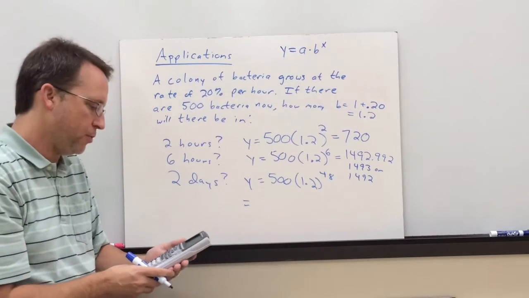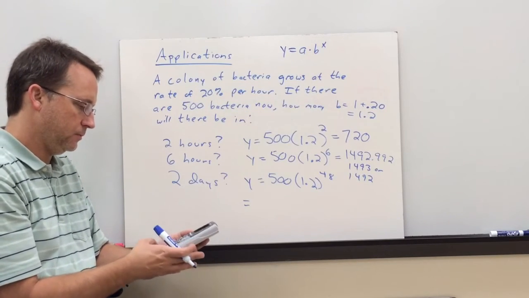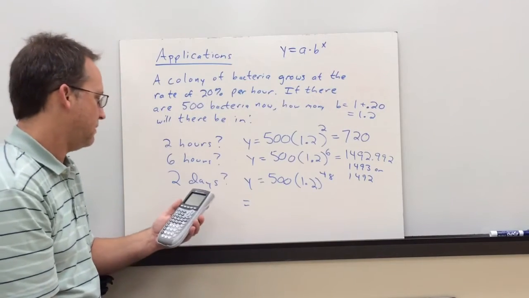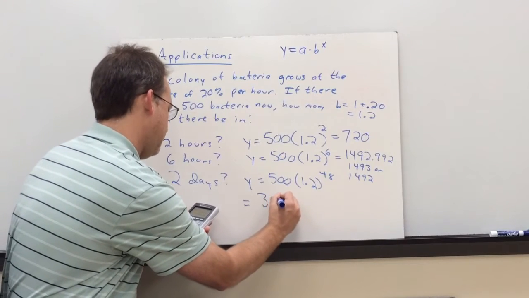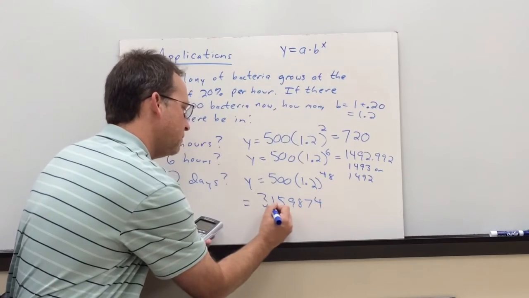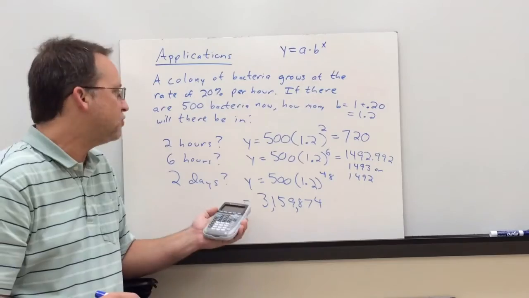Check out what happens when you put that in the calculator. I get a giant number. I've got, if I did this correctly, 3, 1, 5, 9, 8, 7, 4. I'll just round it to the whole number. Look, that's 3 million bacteria in 2 days' time.